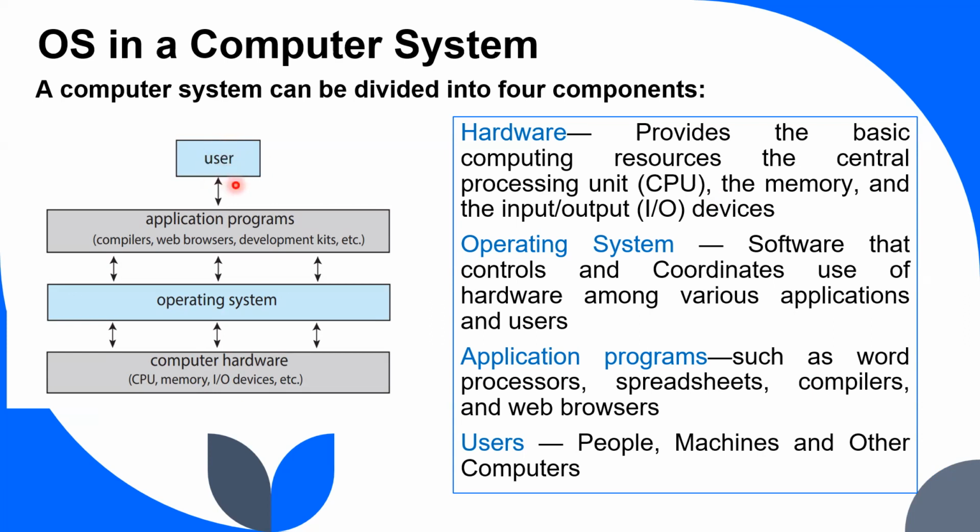Those are collectively called the user. So users run the application programs which require the hardware resources, and since they can't directly interact with the computer hardware resources, an operating system is required in order to provide an interface between the application programs and the computer hardware.